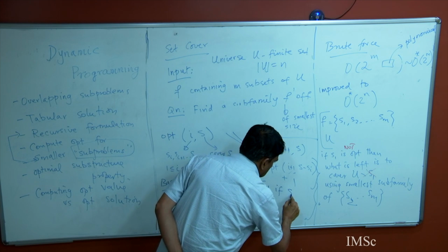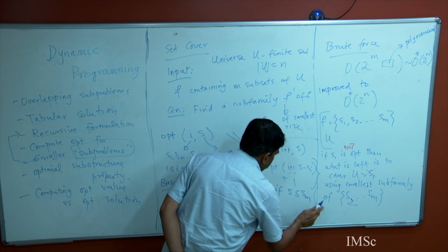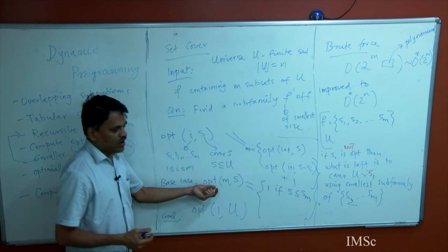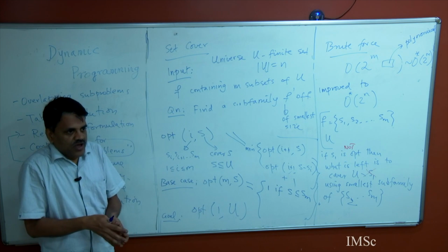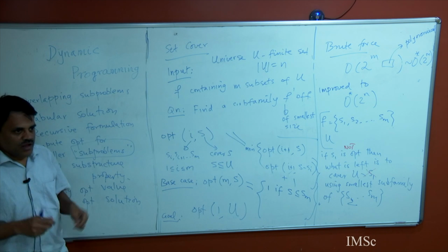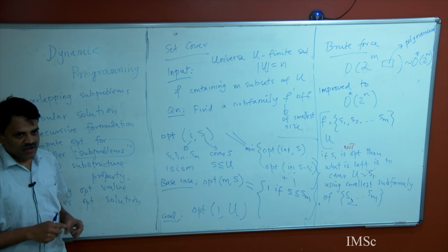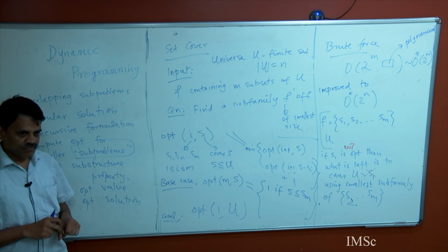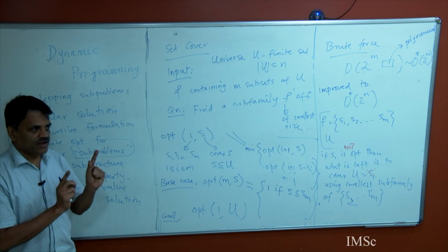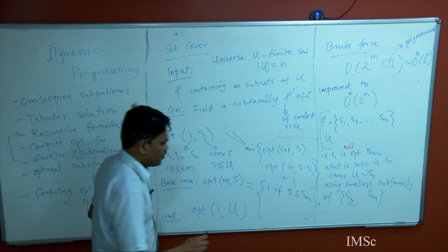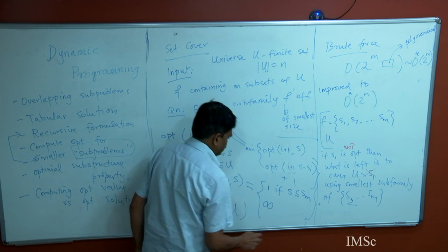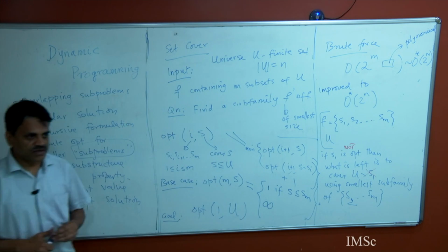Because I am trying to cover S using Sm, and Sm contains S and more, I pick Sm and it's 1. If not, it's infinity, because it's a minimization problem, so I have to say infinity, not 0. That's the base case. That's it.